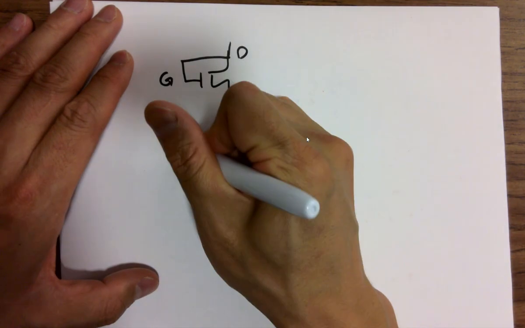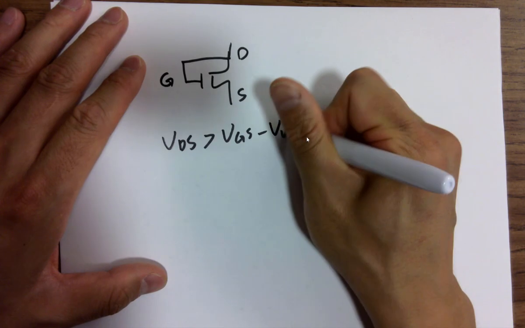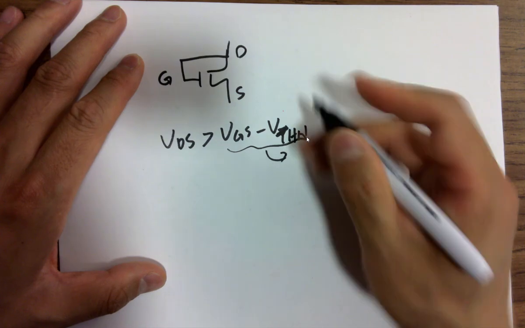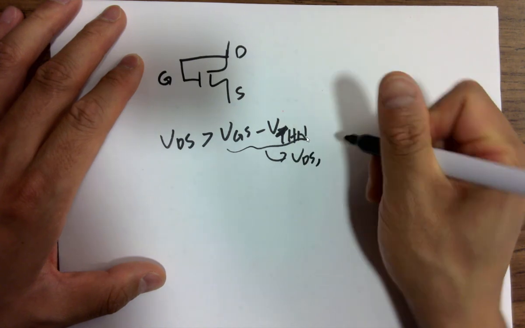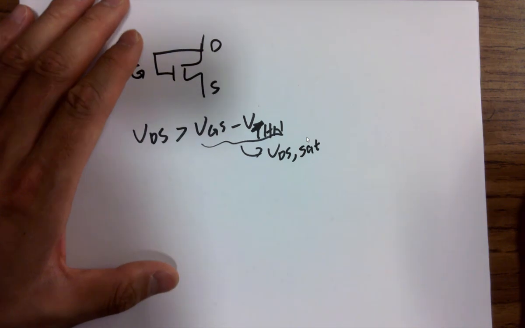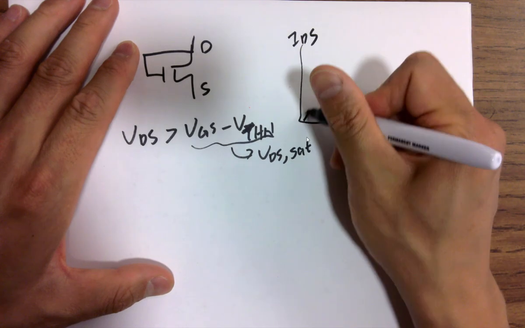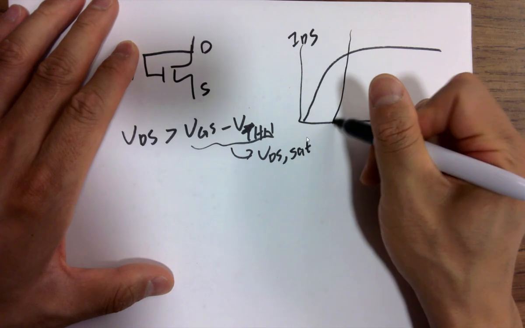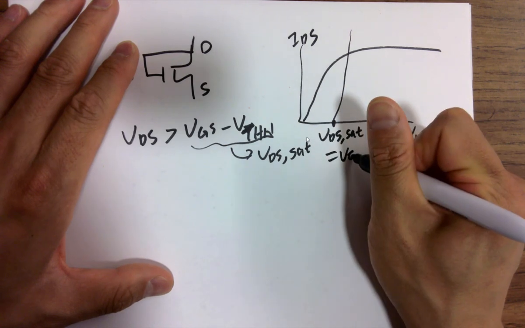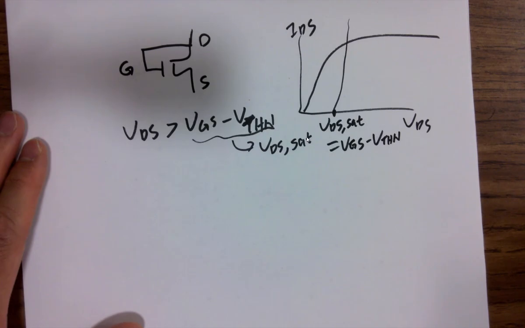Given that VDS has to be larger than VGS minus VTHN, and this term we gave a name to. It's called VDS,set, the saturation voltage of the VDS. So on the curve, VDS, IDS, like this, right? And this point is actually VDS,set, which is VGS minus VTHN. That's also the pinch-off point. Pinch-off point, yes.